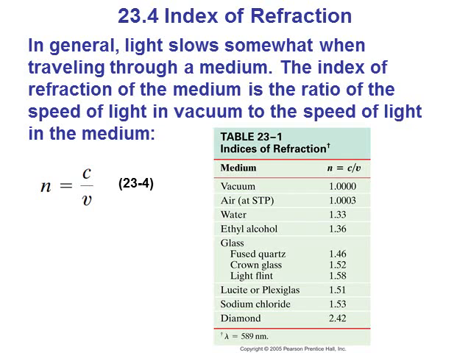Diamond is 2.42. The reason diamonds look so cool, and the way they grab light, is that they can internally reflect quite a lot of light because of that high index of refraction.